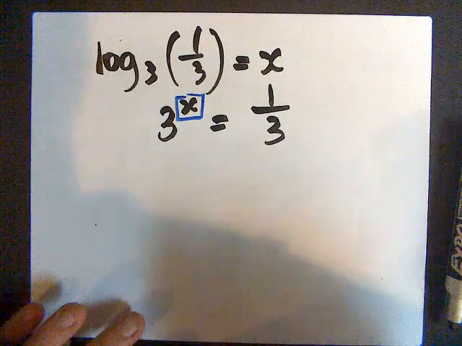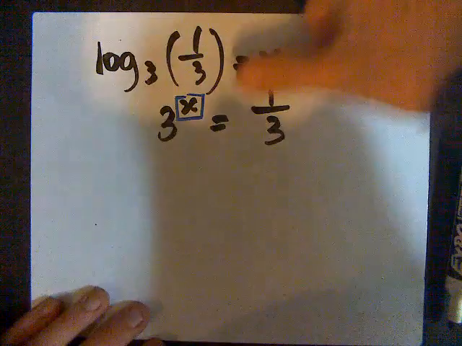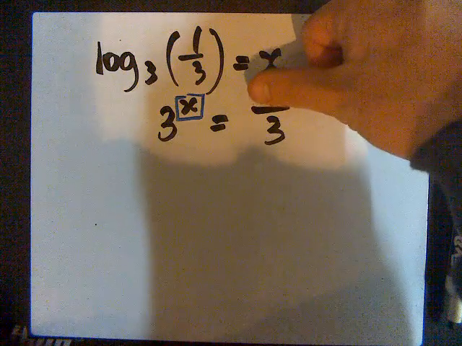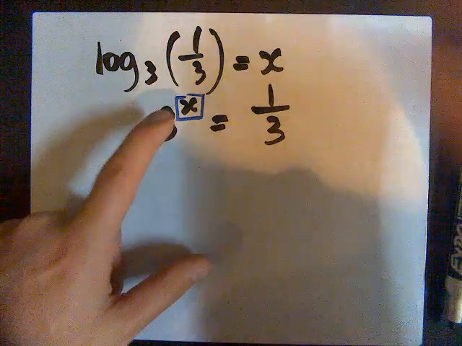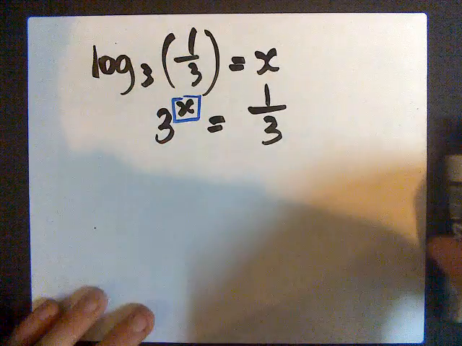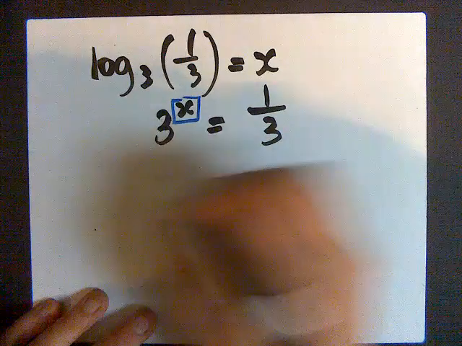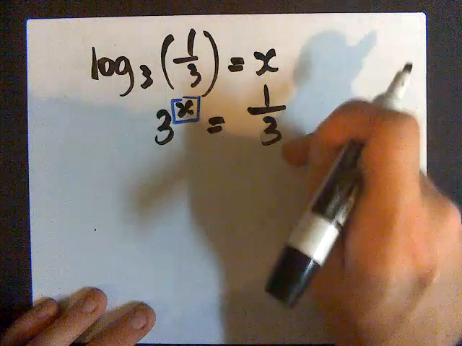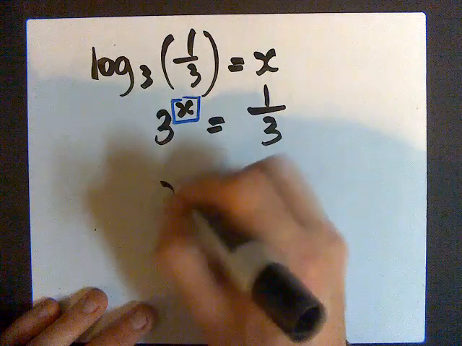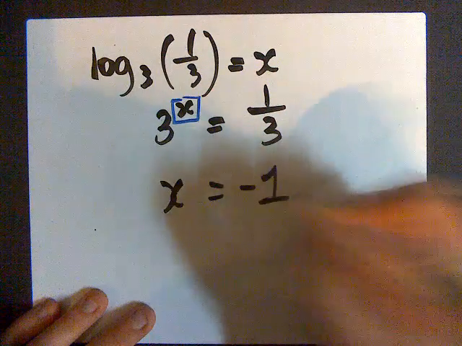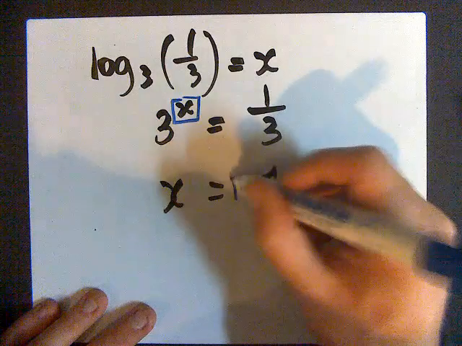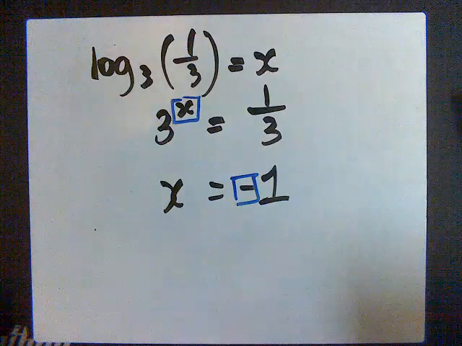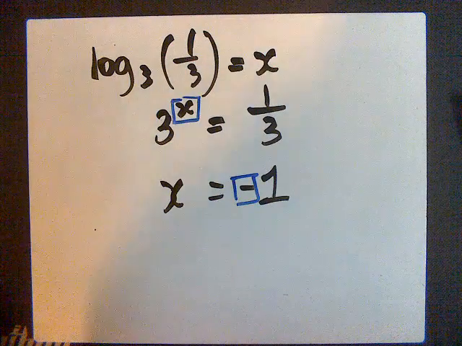So the easiest way to think about this is, I'm just going to ignore this top number here for now. I'm going to say 3 to the power of what is going to equal 3. Well, I know 3 to the power of 1 is going to equal 3. But because we have 1 over whatever it is here, it's a really big giveaway that this needs to become a negative. So 3 to the power of -1.